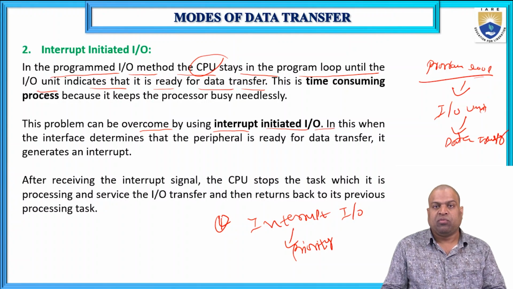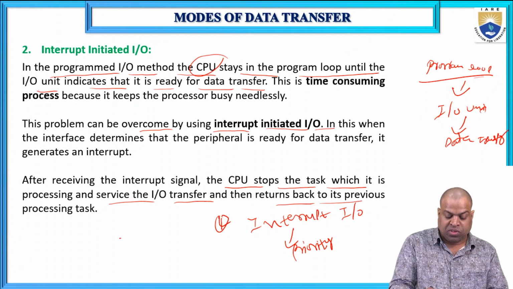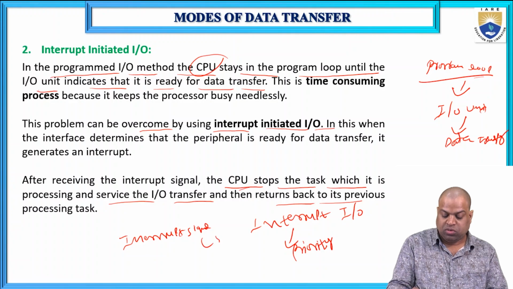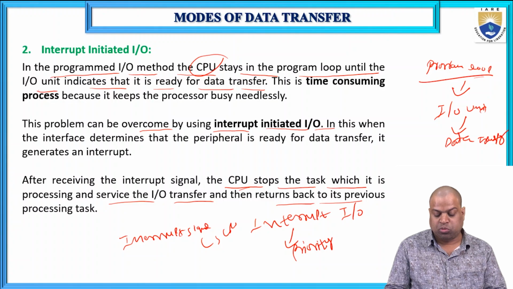In this, when the interface determines that the peripheral is ready for data transfer, it generates an interrupt. After receiving the interrupt signal, the CPU stops the task which it is processing, services the input output, then returns back to the previous processing task. So the interrupt signal goes to the CPU, which stops the task it is processing to service the input output transfer.